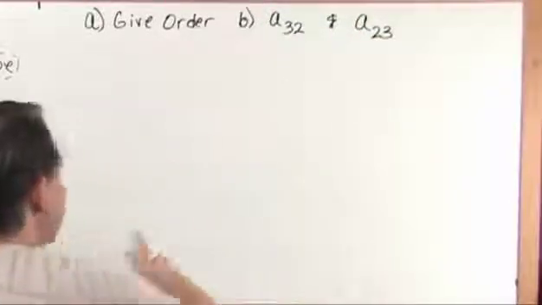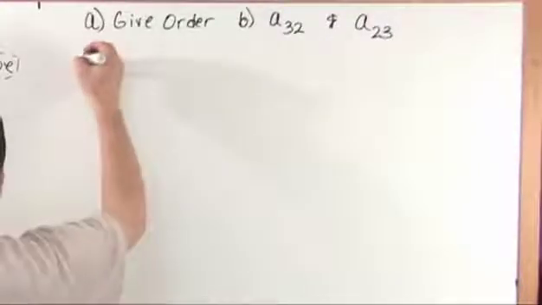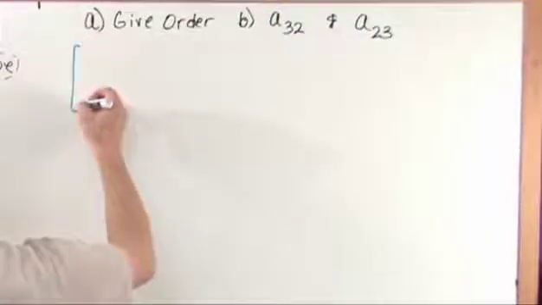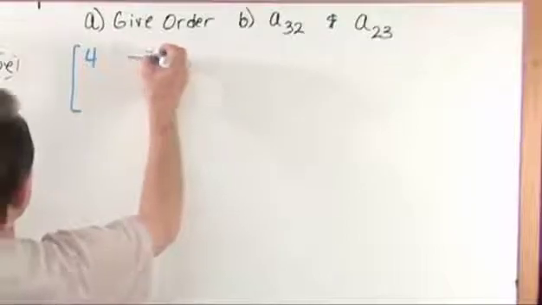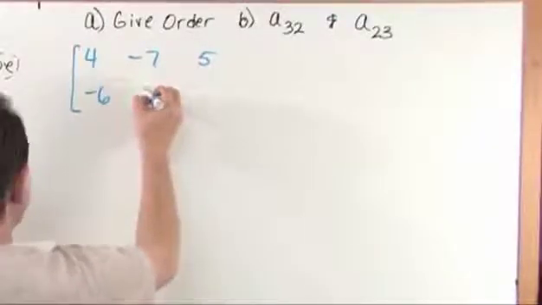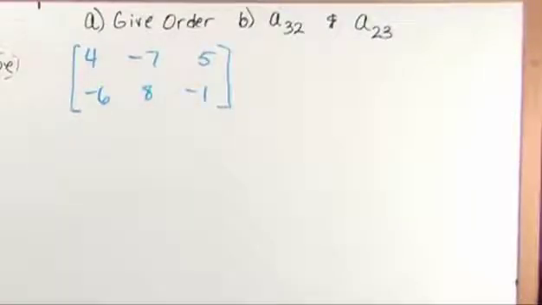A32 and A23. If possible, let's find those, and if it's not possible, let's look and see why it's not possible. So for the first problem, let's just write the matrix down. The matrix that we're going to be given here is 4, negative 7, 5, negative 6, 8, and negative 1. That's my matrix.